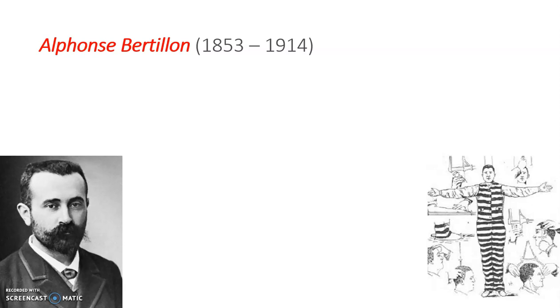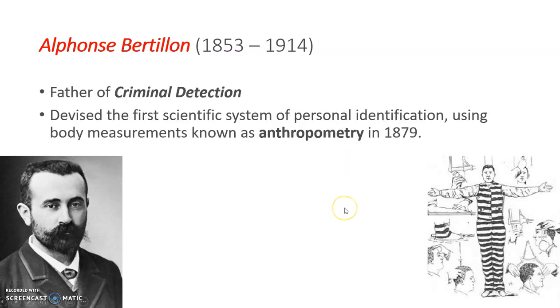Alphonse Bertillon, or Bertillon if pronouncing it in the French, developed what we call criminal detection. He was the first to develop a scientific system for personal identification using body measurements, and we refer to that as anthropometry.